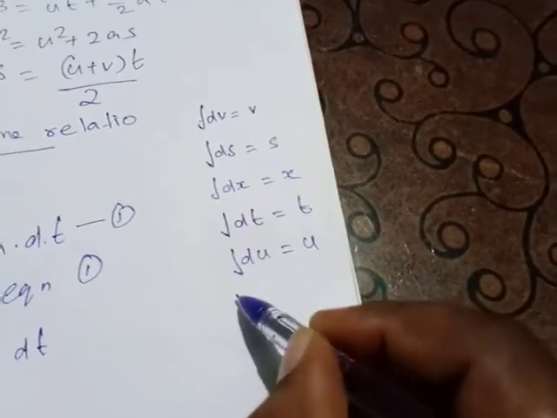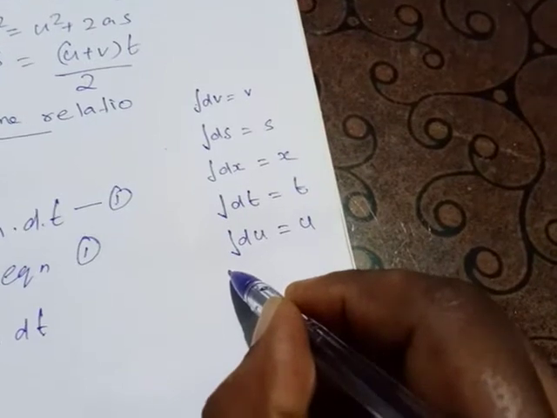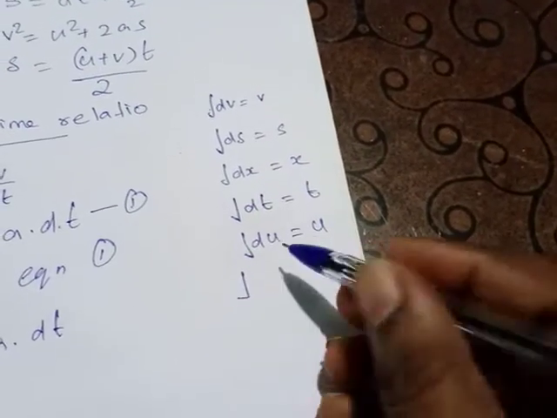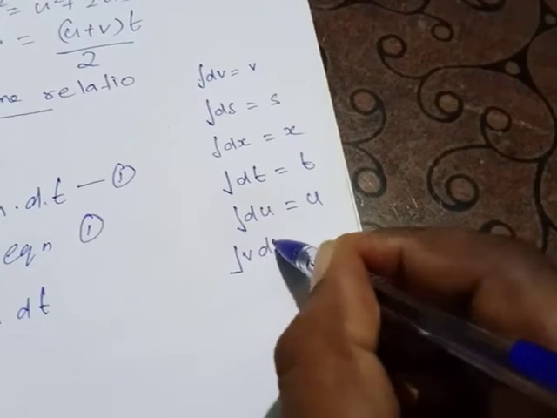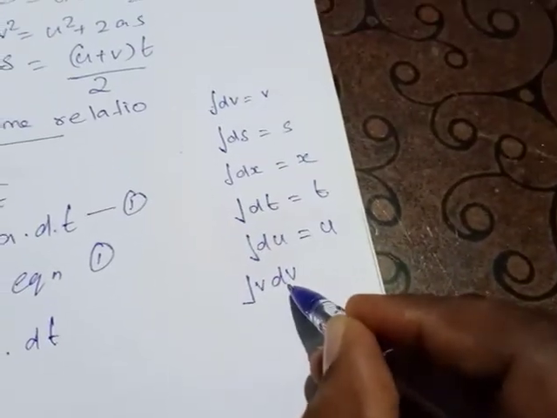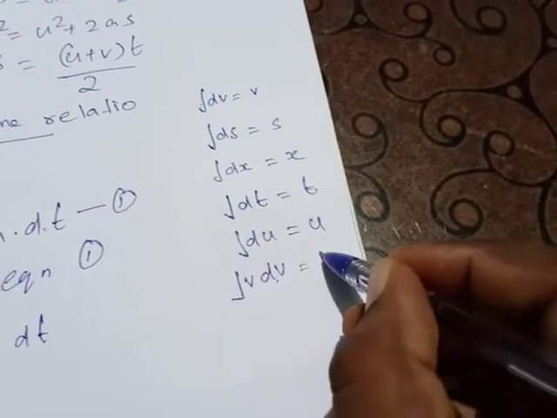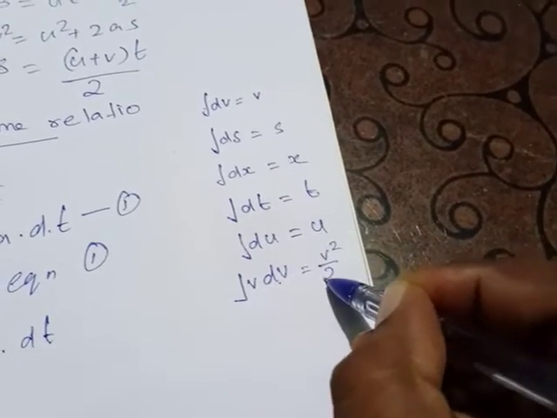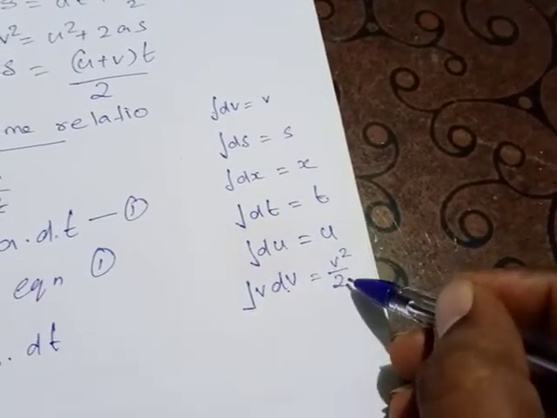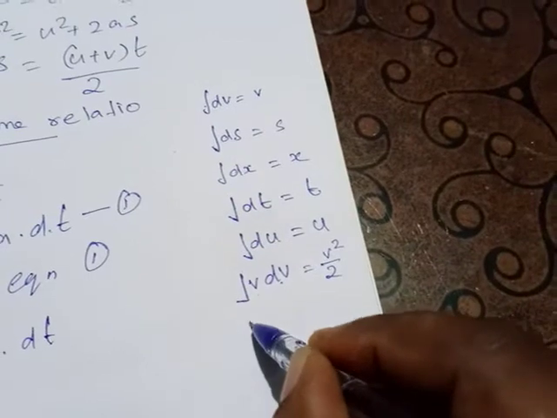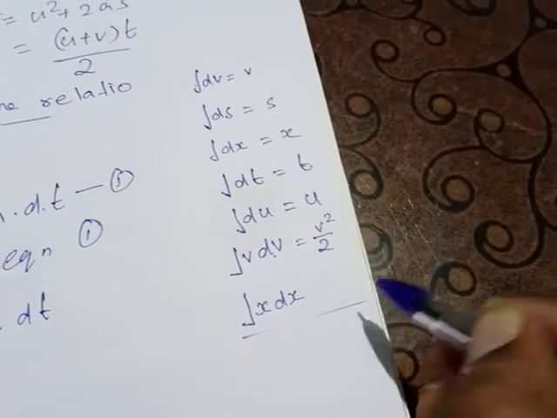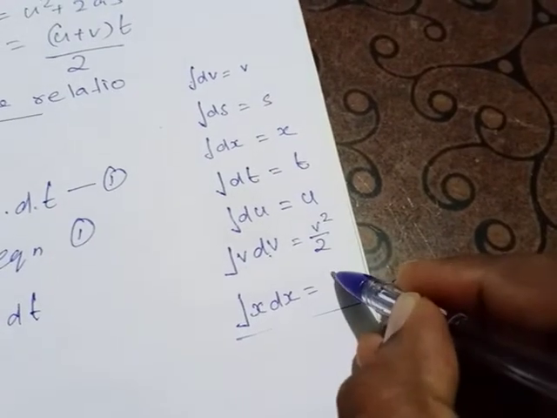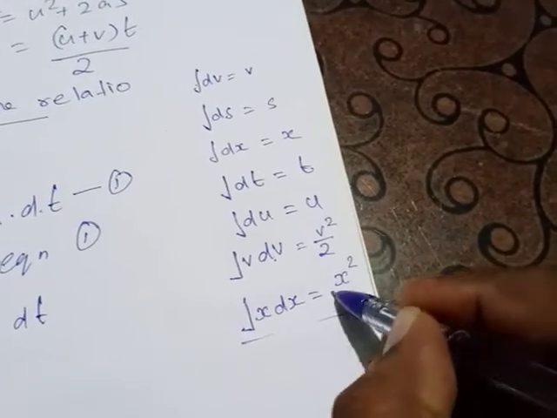Another type is used mostly in physics. Integration of v dv is v²/2. Integration of x dx is x²/2.